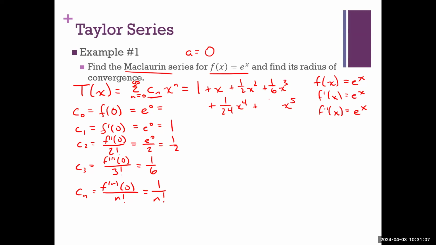What's the coefficient? 1/120. So 24 times 5. So this is the first six terms. But again, I can't just keep writing out terms, so let's try to compact this.